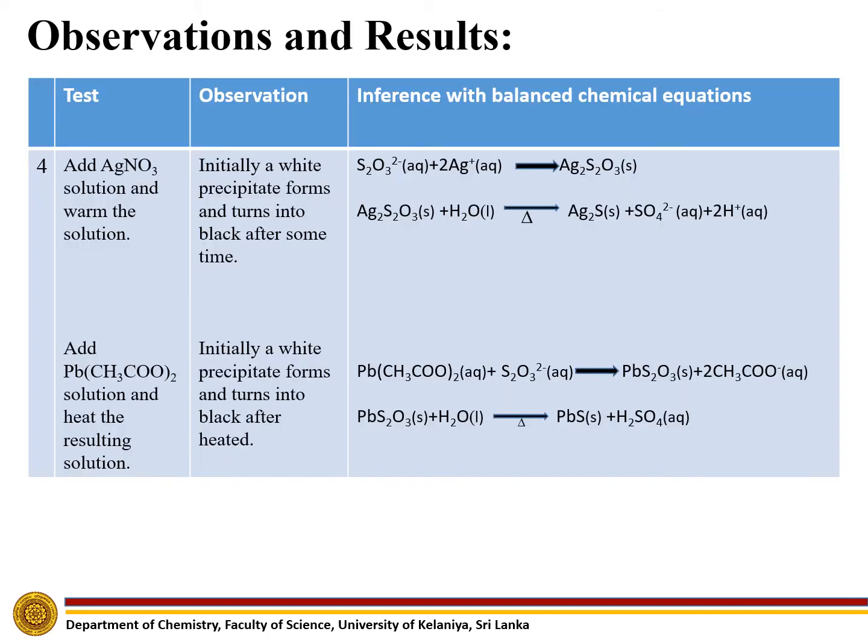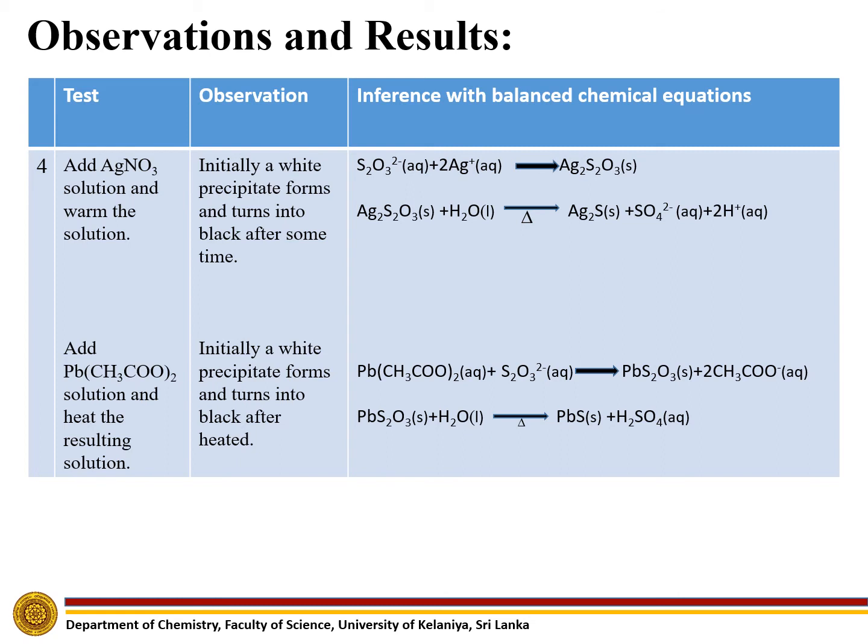Observations and results. For the first part of the experiment, when we add silver nitrate solution, silver thiosulfate is produced. Silver thiosulfate is a white precipitate. When we heat, silver thiosulfate will convert to silver sulfide, which is a black precipitate.